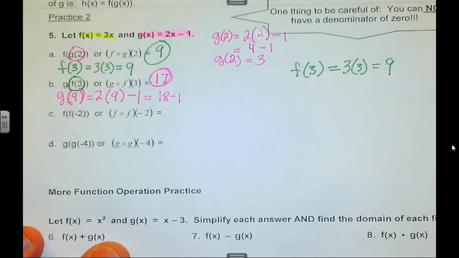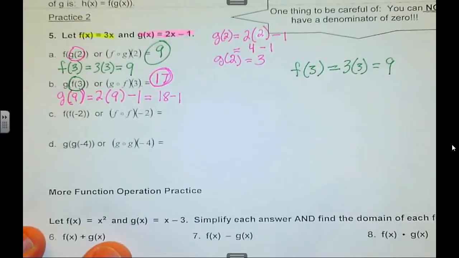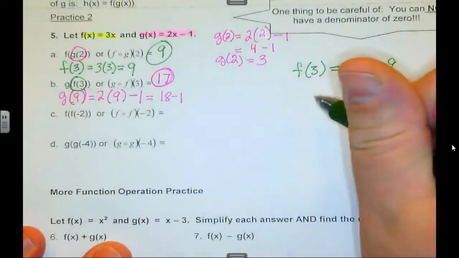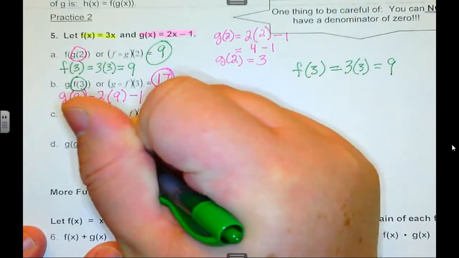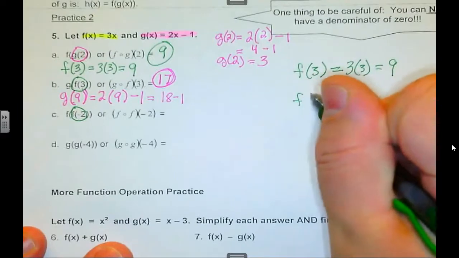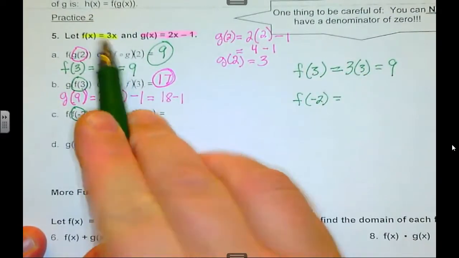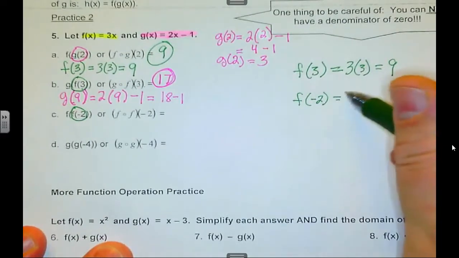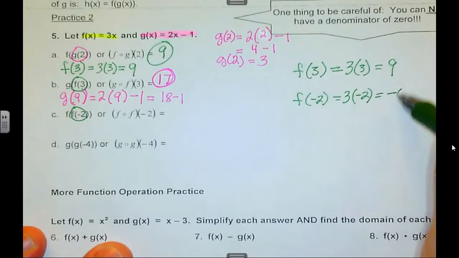Okay, they want us to do fof of negative 2, or the f of f of negative 2. So I have to find the f of negative 2. The f of negative 2, 3 times negative 2 is negative 6.